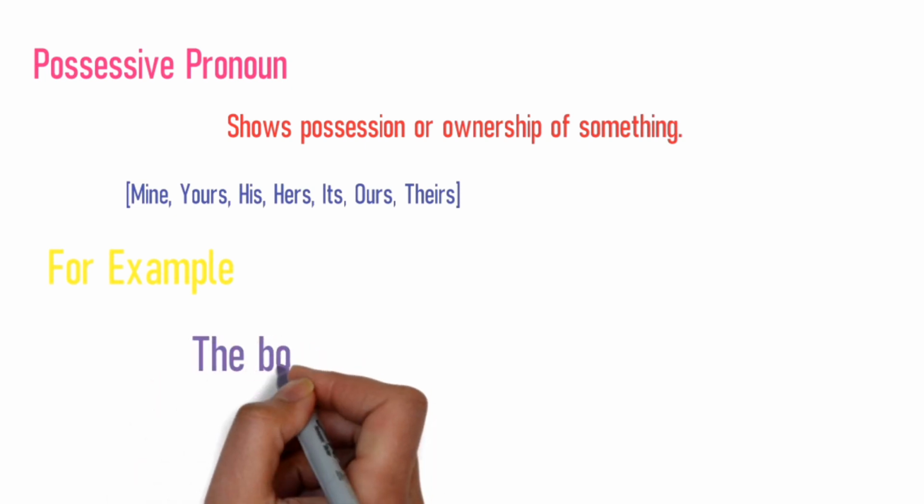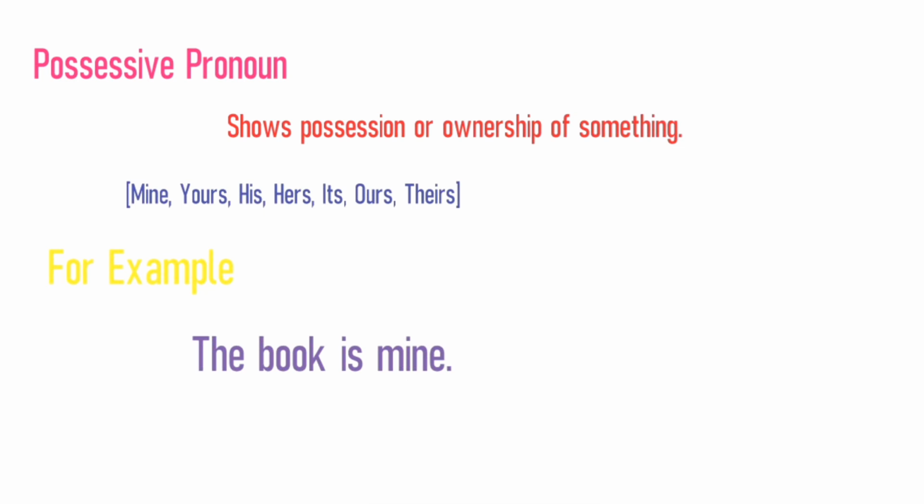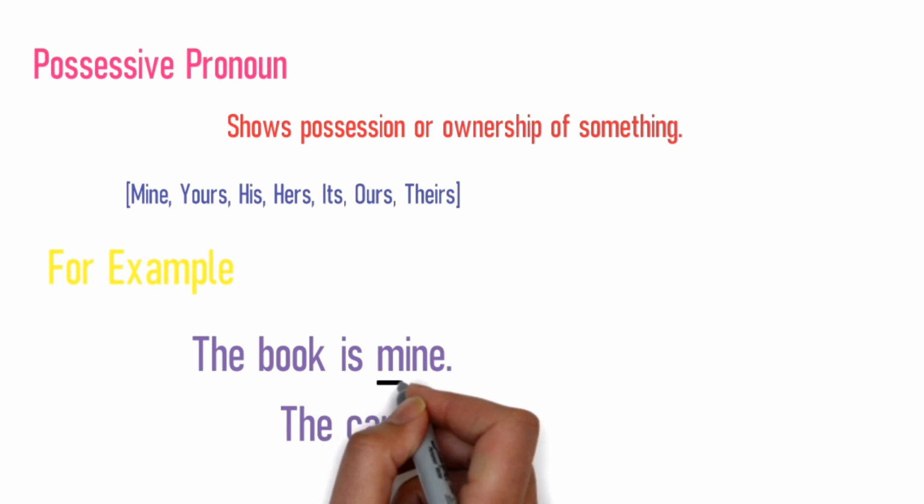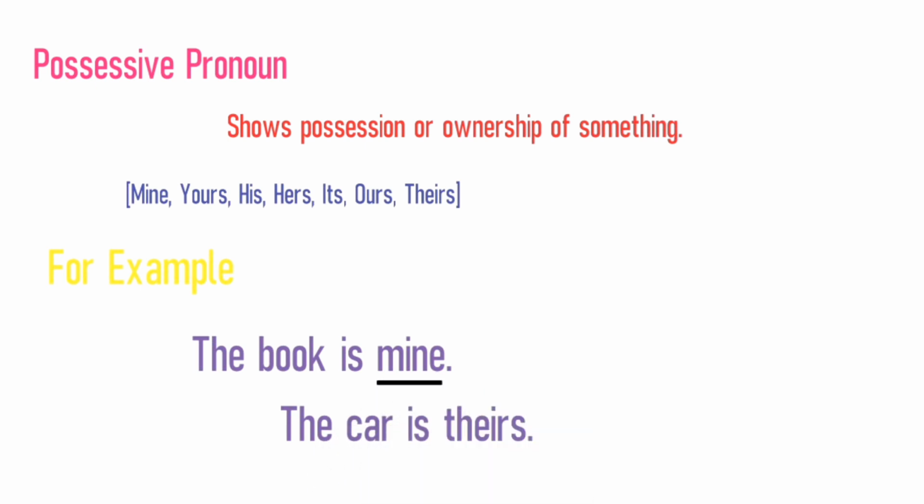"The book is mine." "The car is theirs." In these sentences, mine shows the possession of a book and theirs shows the possession of a car. So mine and theirs are possessive pronouns.